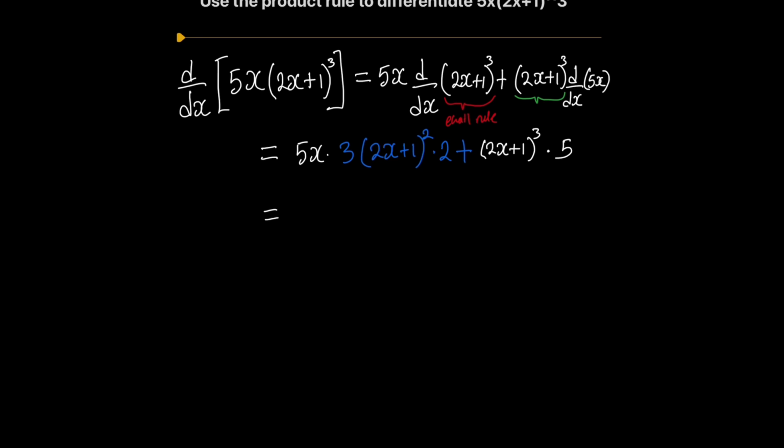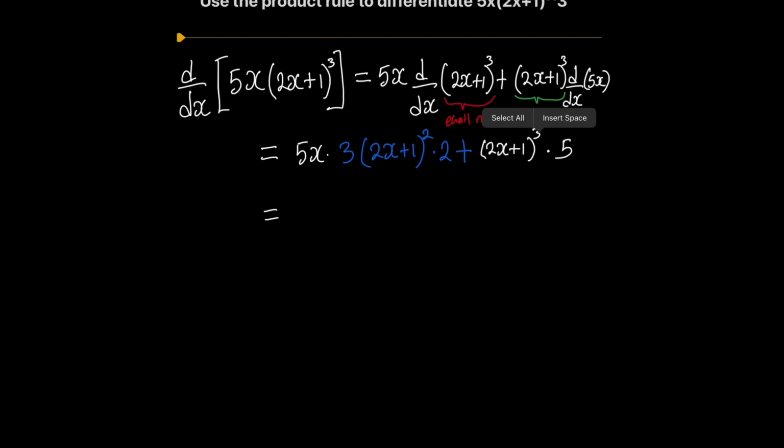So simplifying this, we shall start by factorizing, and we can also see that we have 5 common. Even this one, the 5 is common. And then we have this 2x plus 1 and 2x plus 1, but this is a power of 2 and this one is a power of 3.